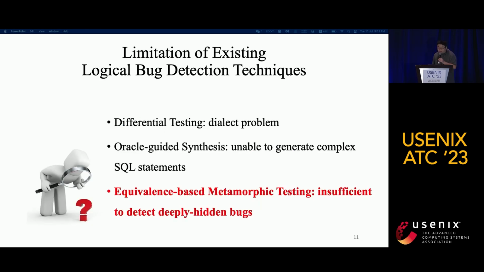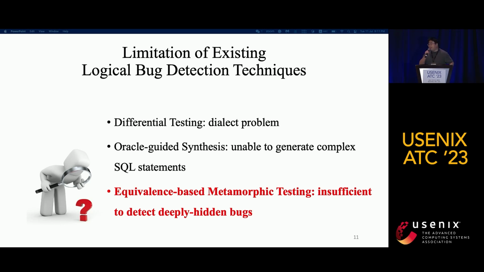So let's sum up. The existing techniques all have their own limitations. Specifically, differential testing cannot handle the dialect problem. Oracle-guided synthesis cannot generate expressive forms of SQL statements to test the system.